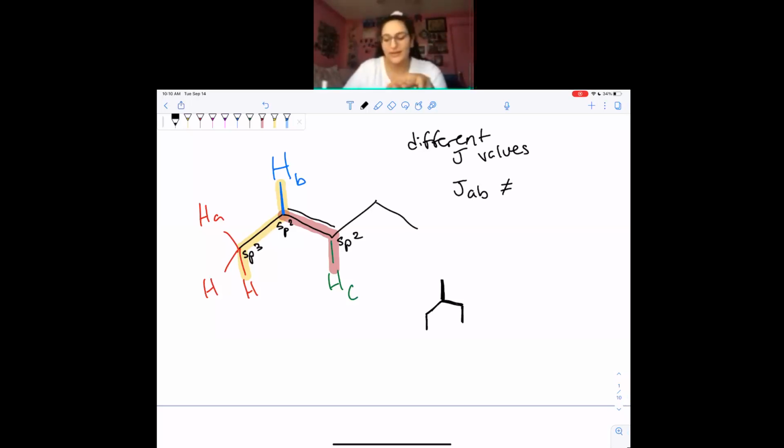Don't worry about the tree diagram. I'm just showing you conceptually what it means. Every time we split it into two peaks, there's a distance right here, and that distance is the J value. It's essentially just the distance between the two peaks when a neighbor hydrogen splits a signal.